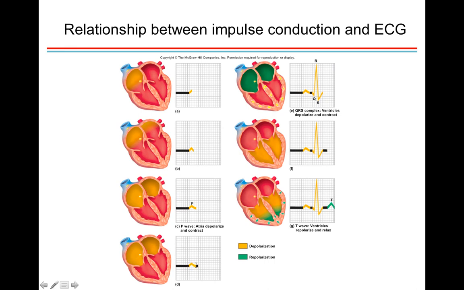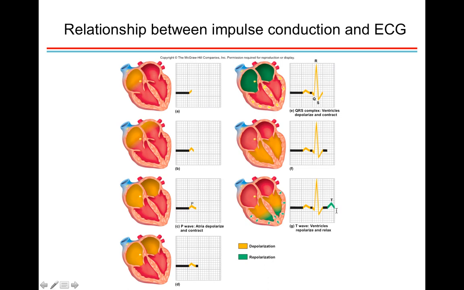And then we have the QRS, which is the depolarization of the ventricle. And then we get the ST portion, which is the contraction. And then at the end, we have the repolarization of the ventricle, and then relaxation over there.